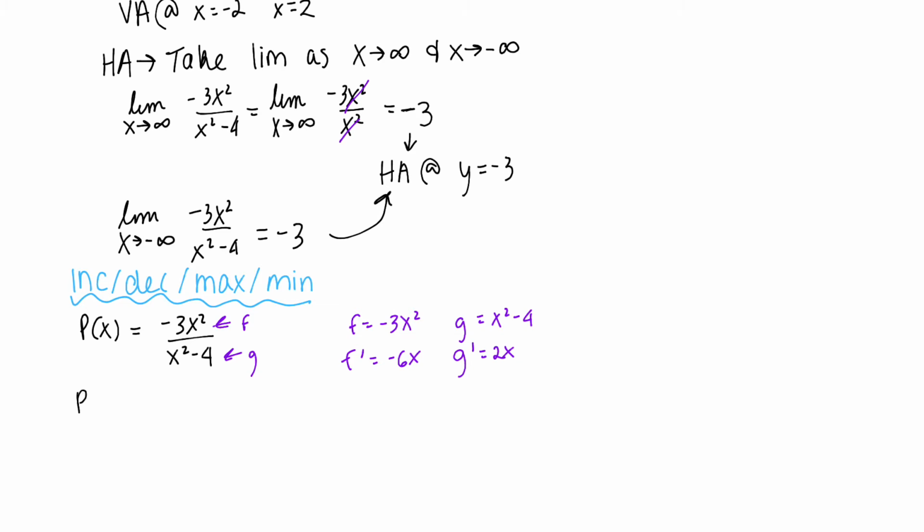Taking this derivative, f prime g, so we have negative 6x times x squared minus 4, minus g prime f, so minus 2x times negative 3x squared, all over g squared, so that's x squared minus 4 quantity squared.